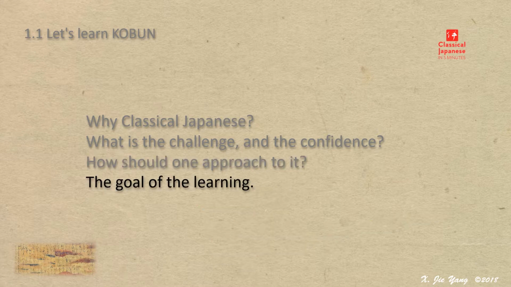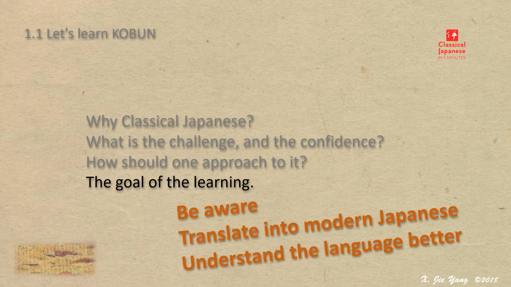The goal of the learning is, first, to be aware of a classical writing. One should be able to understand the structure and the rule which is applied. Second, one has to be able to convert classical Japanese writing to contemporary Japanese, carefully, word by word. As a native Japanese speaker, this is not such a big task.